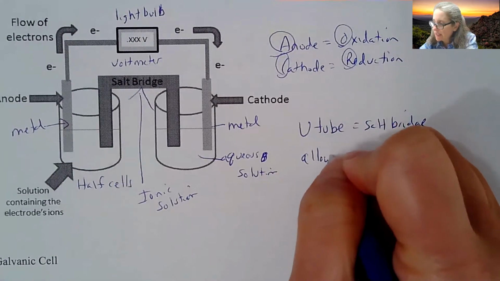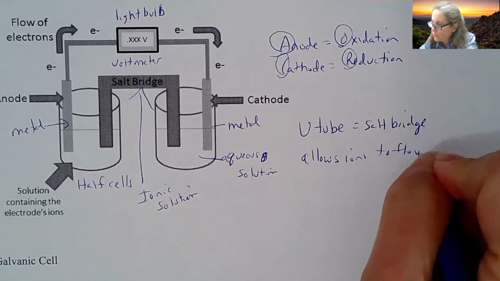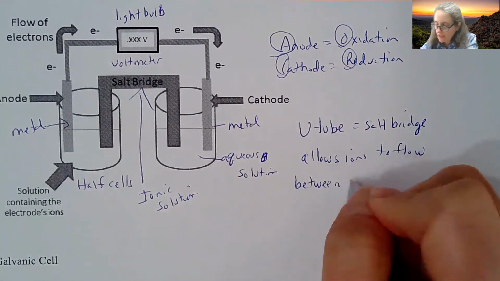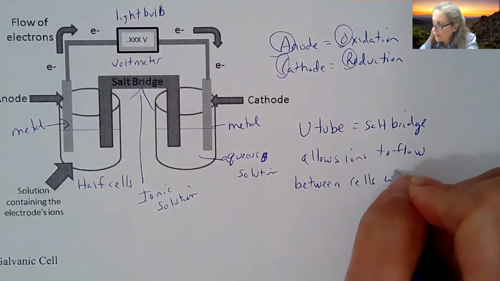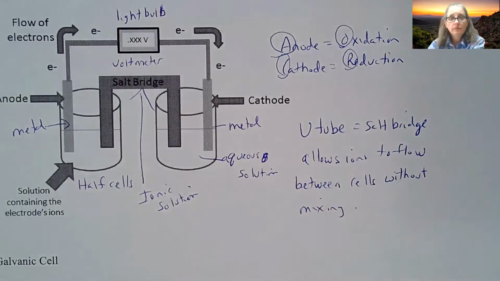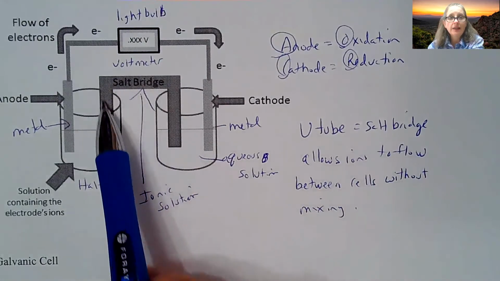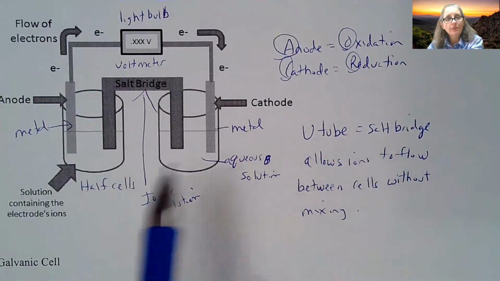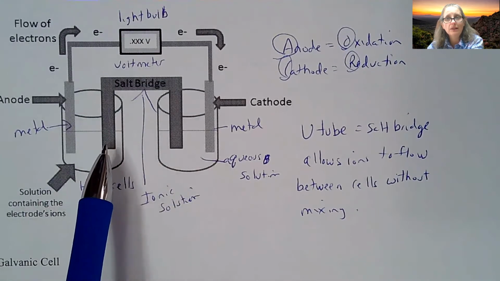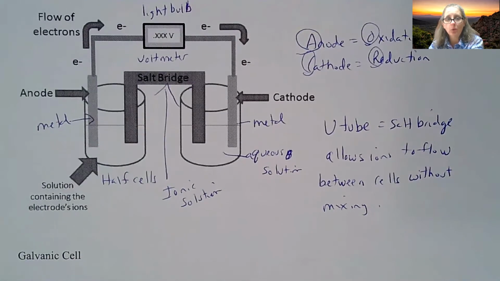It allows ions to flow between cells without mixing the cells. We're going to go through this step by step, but it is a very important part of this whole setup. Yes, you need to connect things through wires and the metals need to be there in order to conduct, but we need the salt bridge to connect the two, otherwise it will not work.